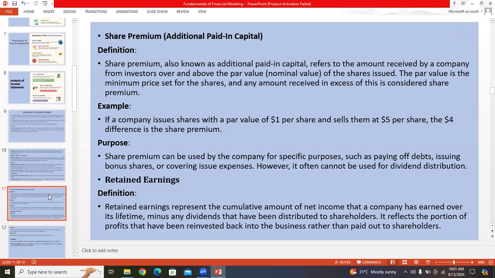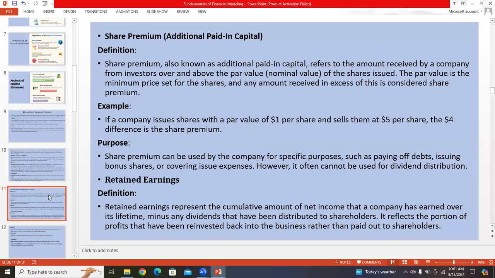By the way, in Pakistan, the nominal value of a share is 10 rupees. If a company issues shares above 10 rupees, for example 11 or 12, the difference between the issue rate and the nominal rate is an additional amount. That additional amount goes to the share premium head.